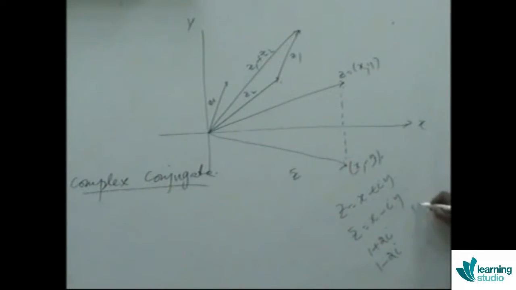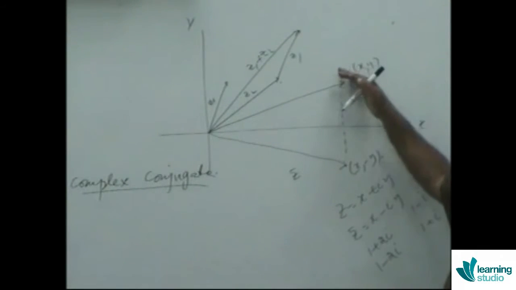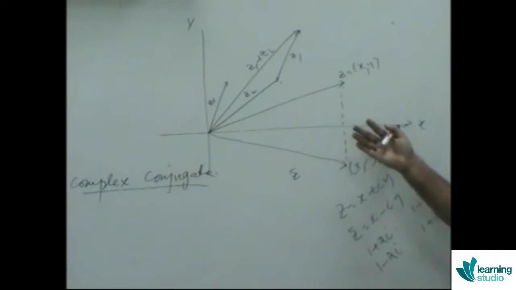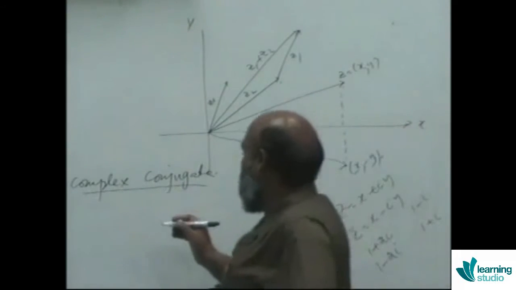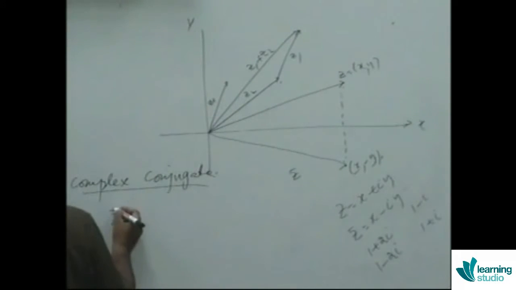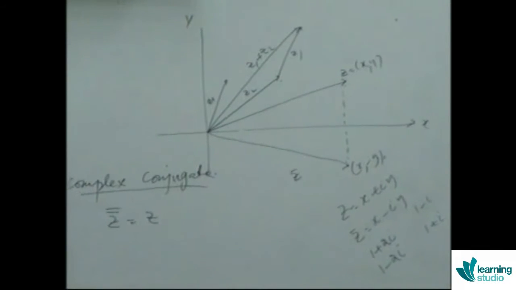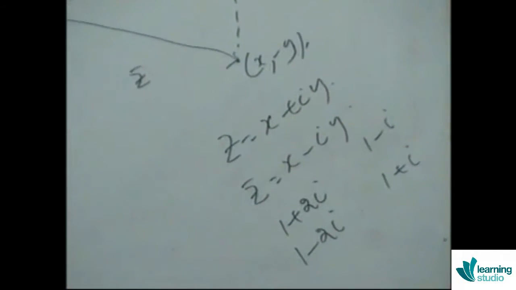And if we have 1 minus iota, then its conjugate is 1 plus iota. If the number is here, then its reflection is here. Double reflection will give you the same result. For example, this z conjugate's reflection is in fact the same number.